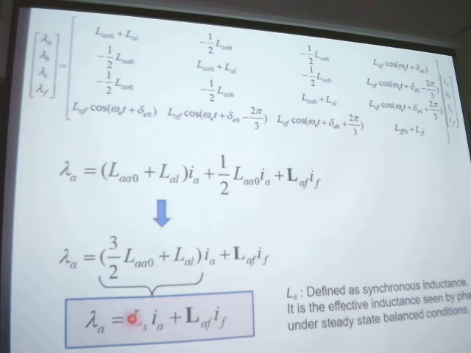LS equals 3 over 2 L0 plus LS. Just use LS to replace this one and this one here. And finally, we get the simplified equation.